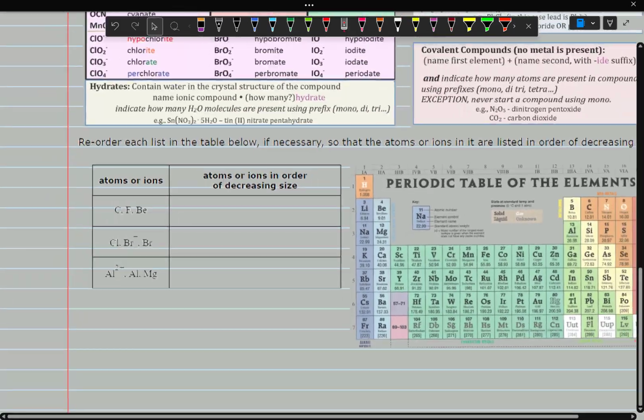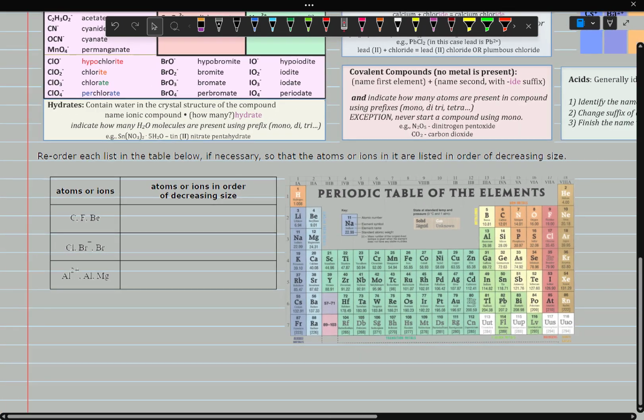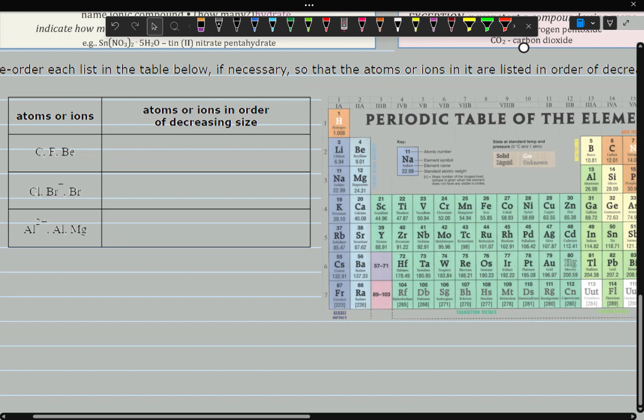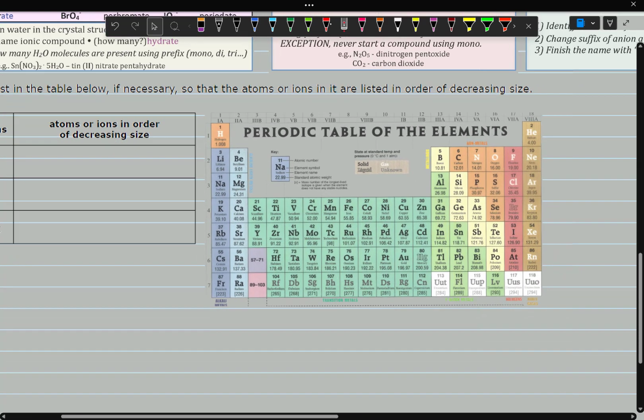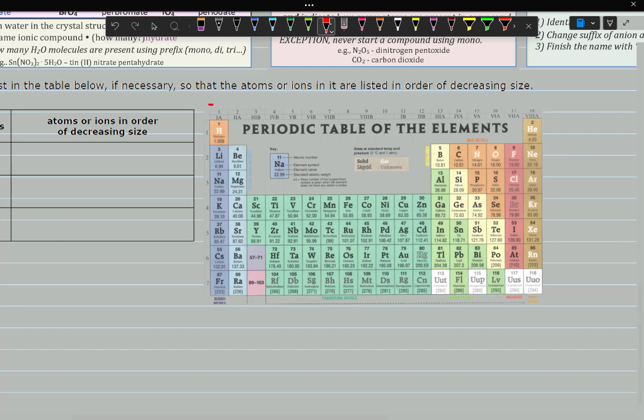So this question says reorder each list so that the atoms or ions are listed in order of decreasing size. So when we are comparing by size, we want to be looking at the trend of, as we move to the right on the periodic table, we are getting smaller.